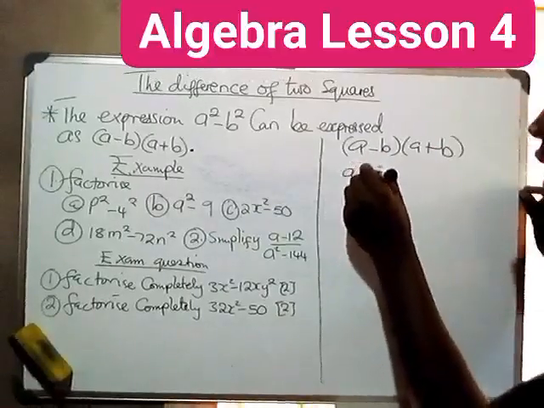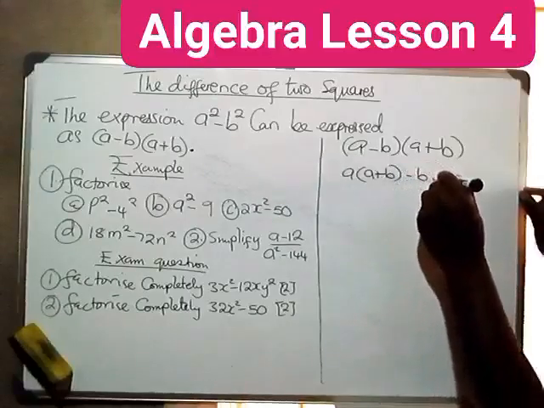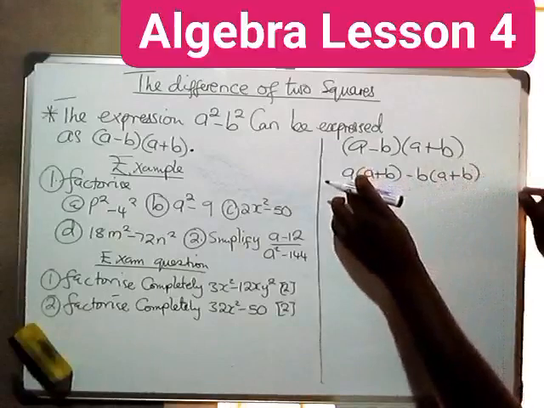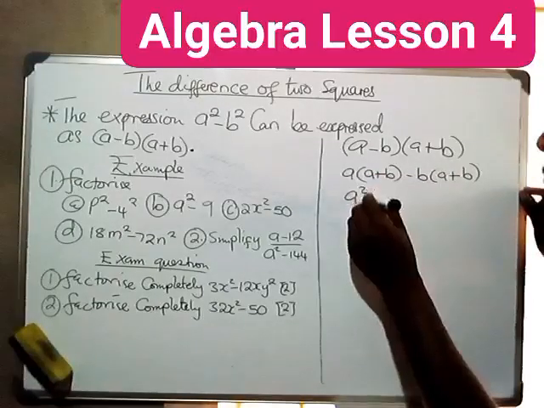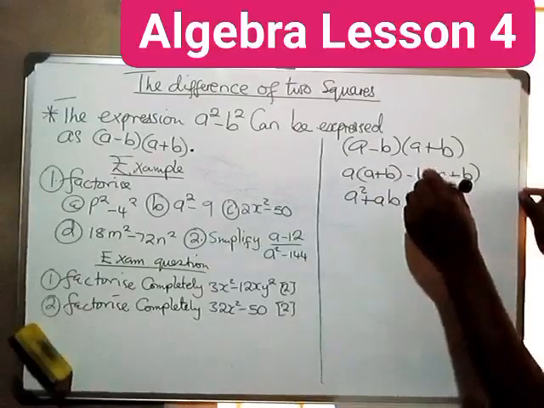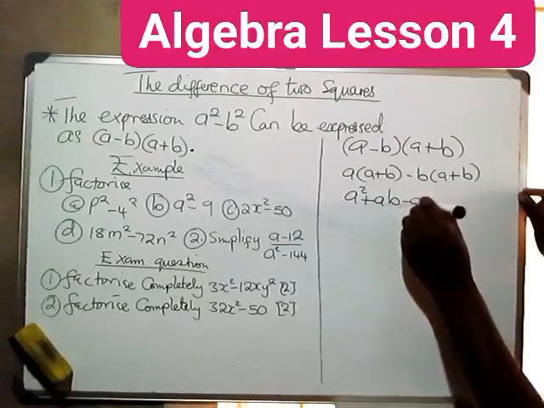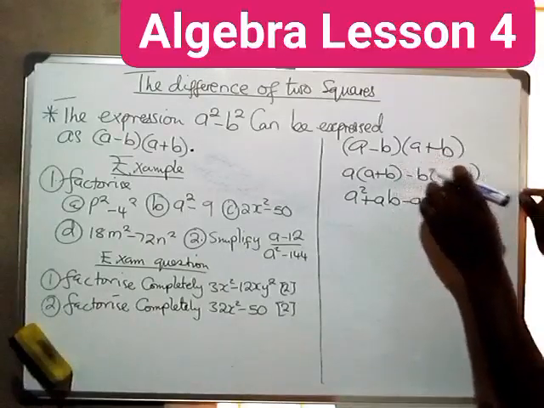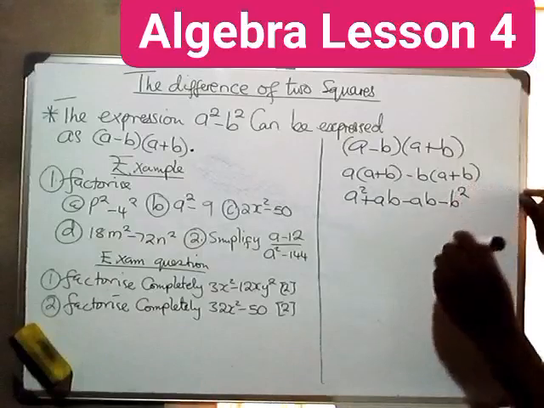So a multiplied by a plus b gives a squared plus ab. Then negative b multiplied by a gives negative ab, and negative b multiplied by b gives minus b squared.